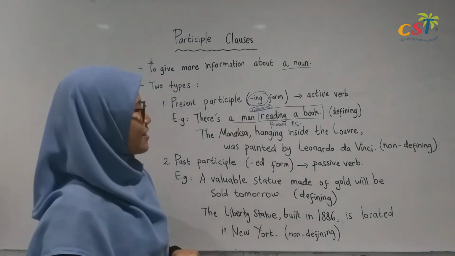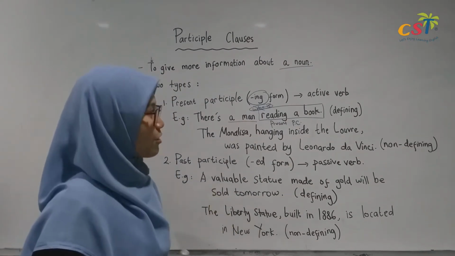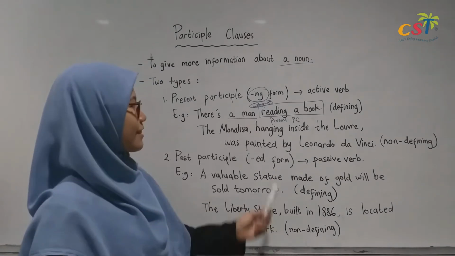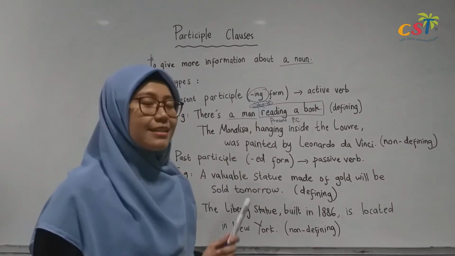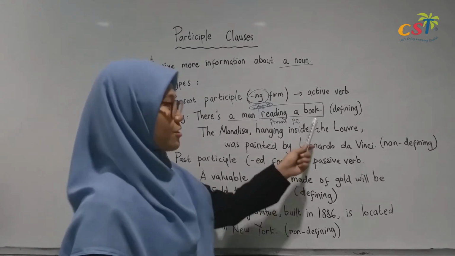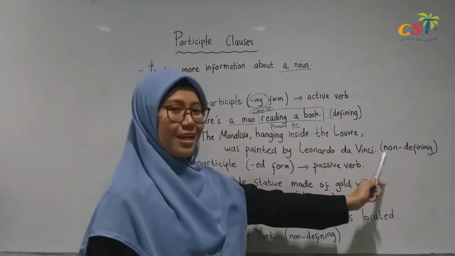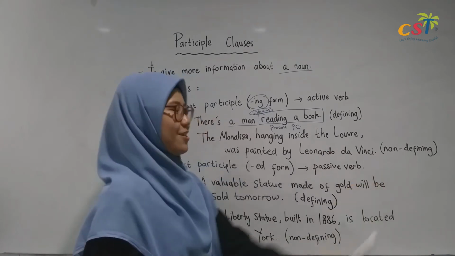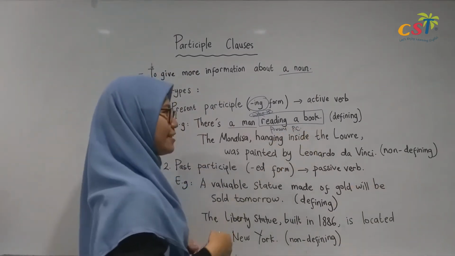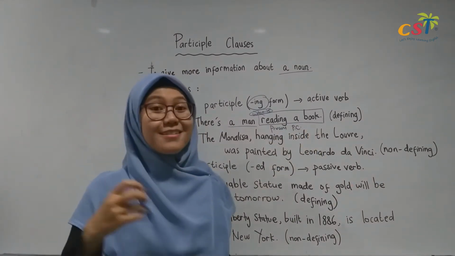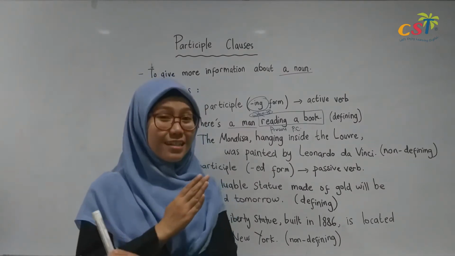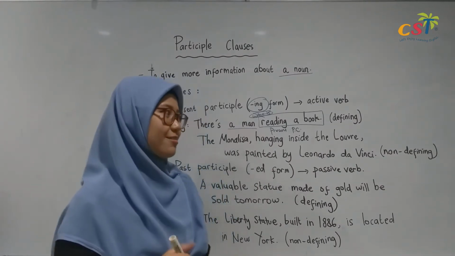Other than that, I will also remind you that participle clauses are divided into two types also. The first one is defining and non-defining. For the defining one, because it defines the noun, you cannot delete or erase the clause.